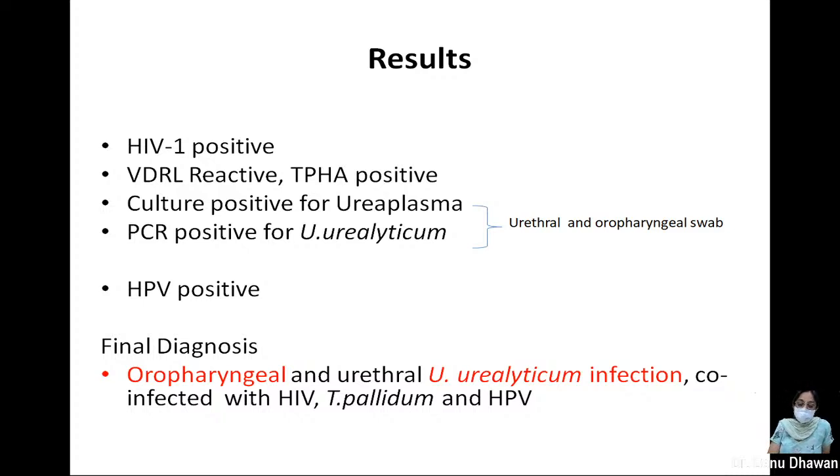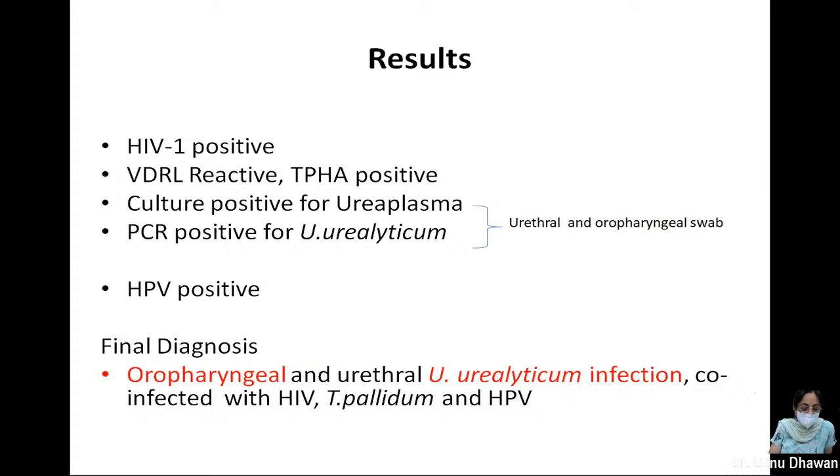So just to carry home the message that now when we test patients for STIs, one has to take the history, their sexual orientation. In the case of MSMs, it is also advised to collect a rectal swab, not essentially oropharyngeal only if he gives a history suggestive that you need an oropharyngeal swab, but a rectal swab must also be collected, and these organisms are now being isolated from extragenital sites.